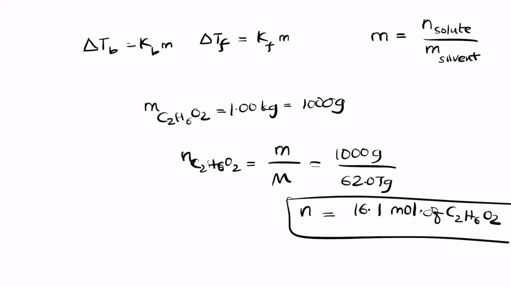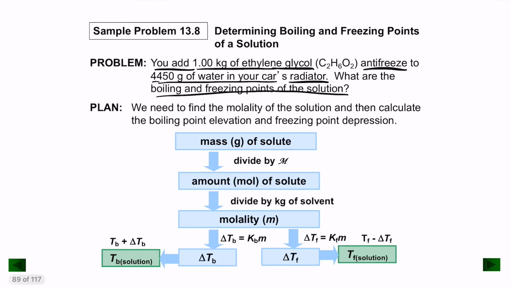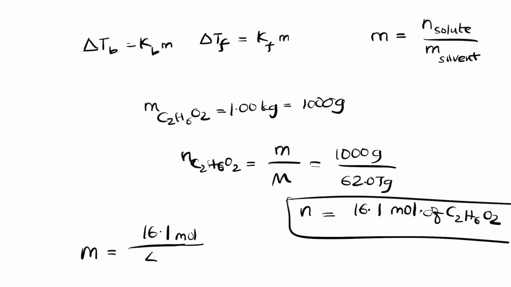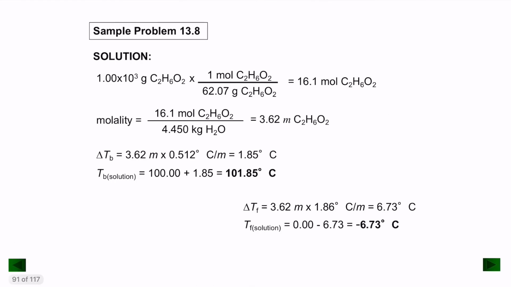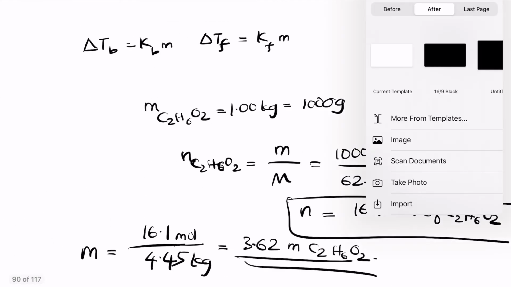Now use this value to find the molality. Molality is the number of moles of solute, which is 16.1 moles, divided by the mass of the solvent. The mass of the solvent is 4450 grams, and we need it in kilograms, so it becomes 4.45 kilograms. When you calculate the final answer, that gives you 3.62 molal C2H6O2. Now let's find ΔTb first, which is Kb times m.